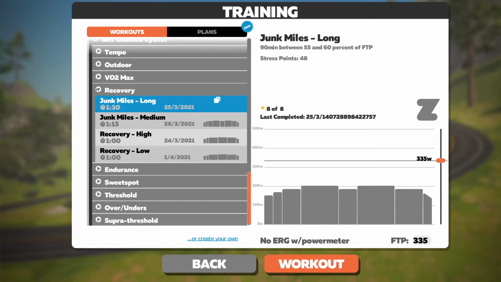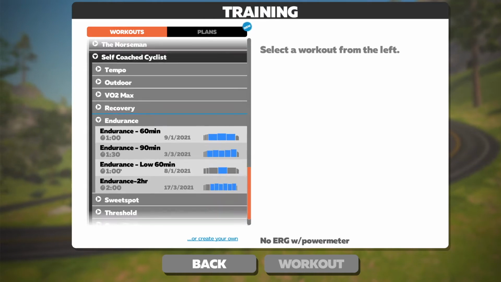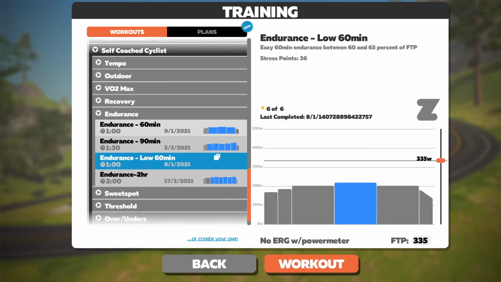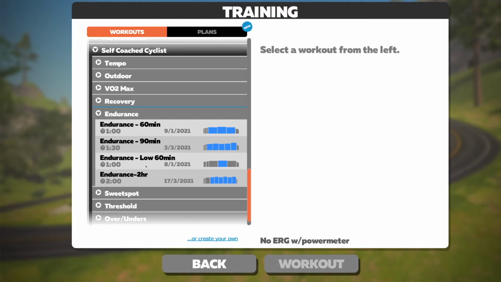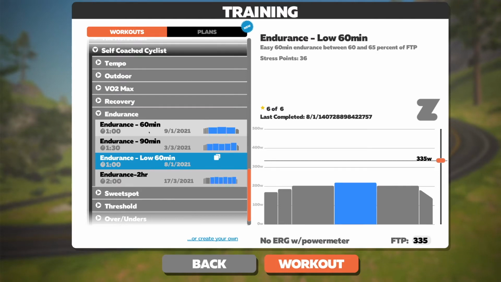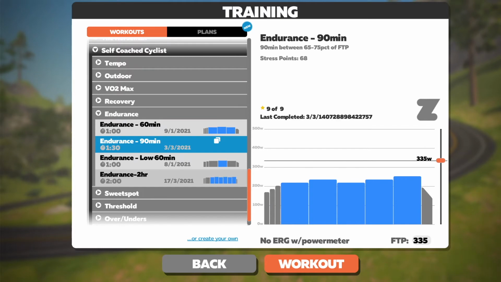If I'm doing, say, an FTP build or threshold build type phase, then I'm going to have more threshold intervals, over-unders, maybe some super threshold work, maybe some VO2 max intervals. But basically, you just need to look at where you are, where your next phase is, and build up the workouts that you need from that.